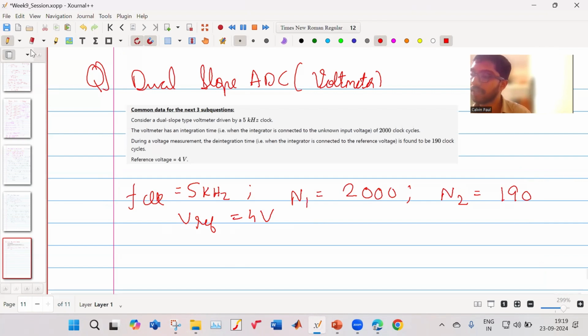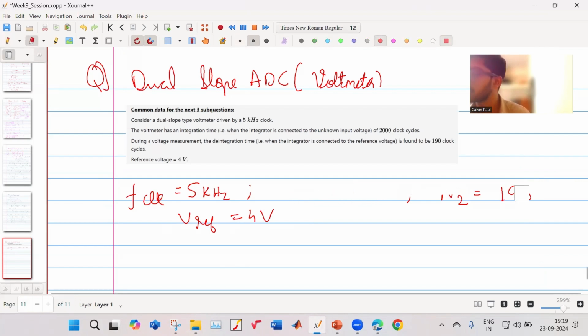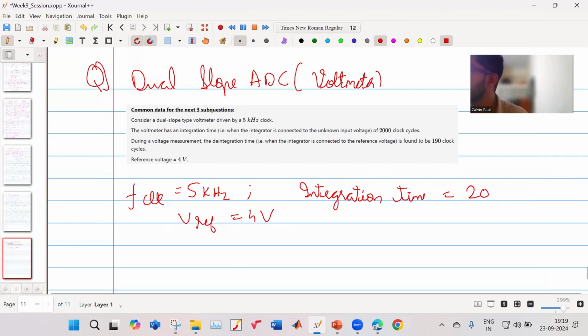Well, let me write what they are saying. My integration time is 2000 cycles. My de-integration time is equal to 190 cycles. Okay.